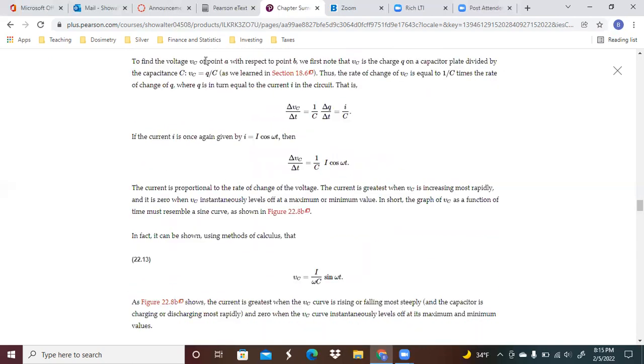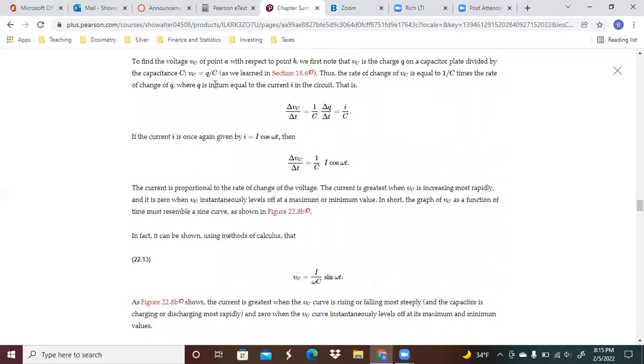If we're looking for the voltage of point A with respect to B, if we look at the change of voltage with respect to time, this is what we end up with. It's 1 over C times the change in Q over the change in T, which is described as current. If we take I as described this way and put it in here, this is what we end up with.